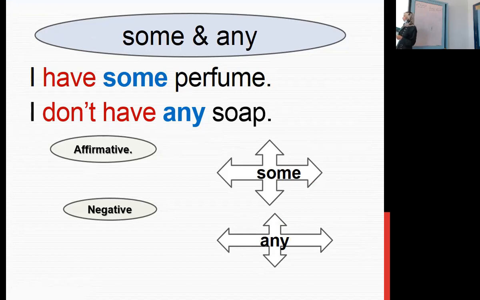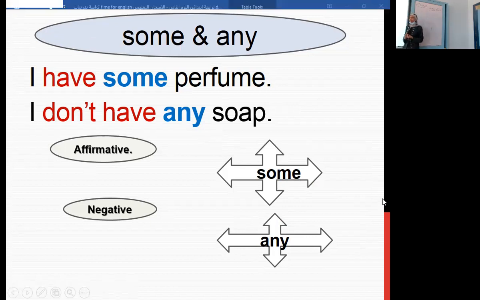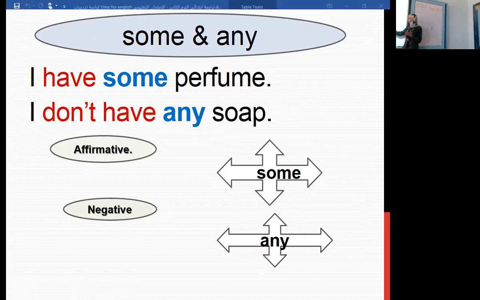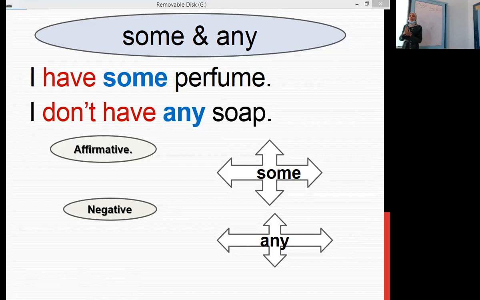So we can say that we use some in affirmative sentences. What do you mean by affirmative sentence, Miss? I mean a sentence that doesn't include not. So in an affirmative sentence, we don't have not in the sentence. Here in the first one, I have some perfume, we do not have not.